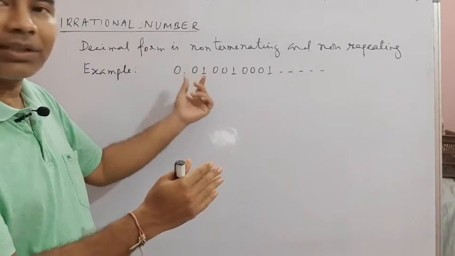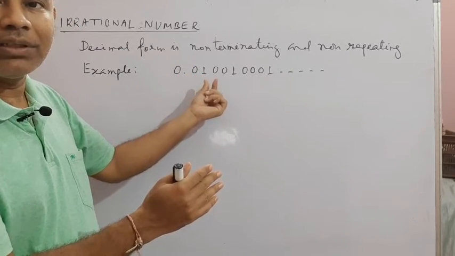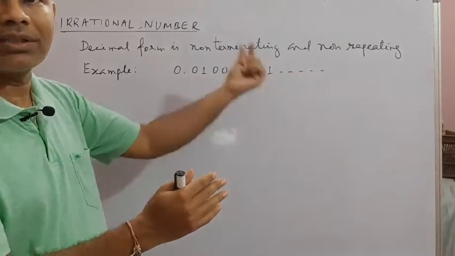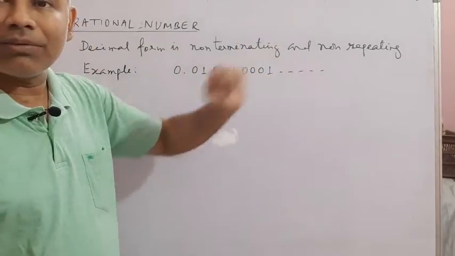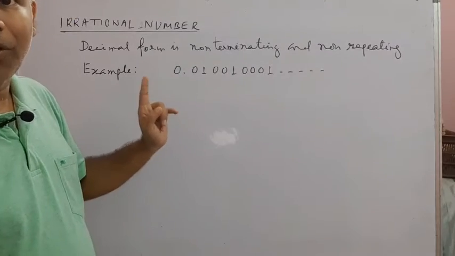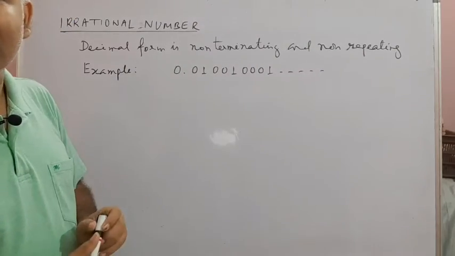Say the group 0 1 must repeat like 0 1 0 1 0 1 0 1. So this is not repetition. And it is non-terminating, as we have written. So this is an example of an irrational number.